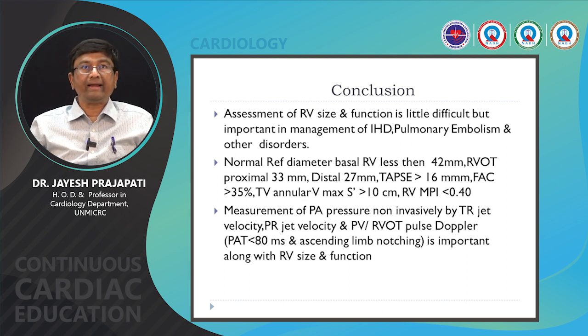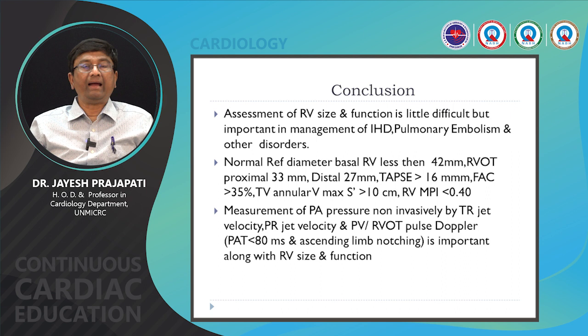To conclude today's discussion, assessment of RV size and function is a little difficult but important in our day-to-day practice, in cases of pulmonary embolism, IHD, cor pulmonale, inferior MI with RVMI, rheumatic heart disease, Eisenmenger, and post-operative patients like tetralogy of Fallot, PPH, all such patients.